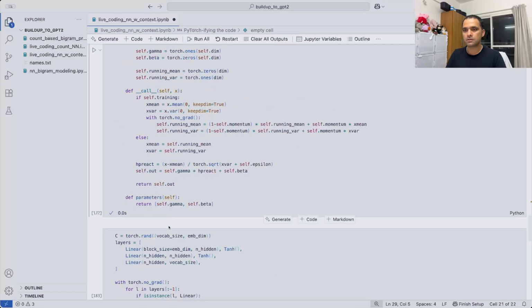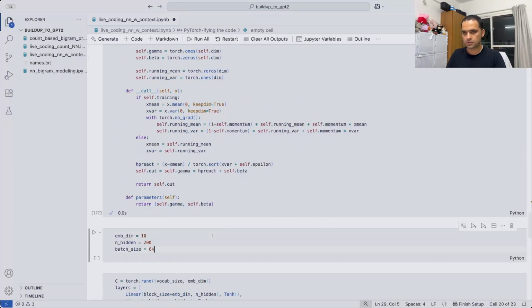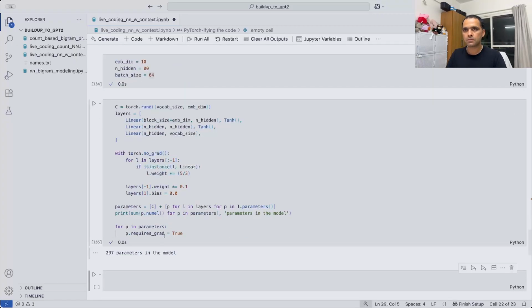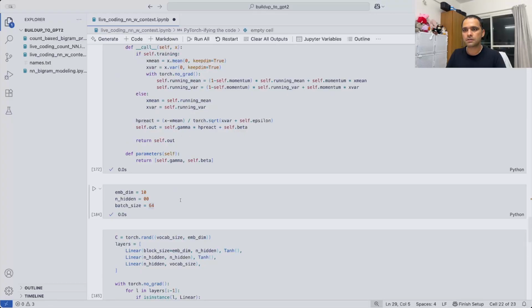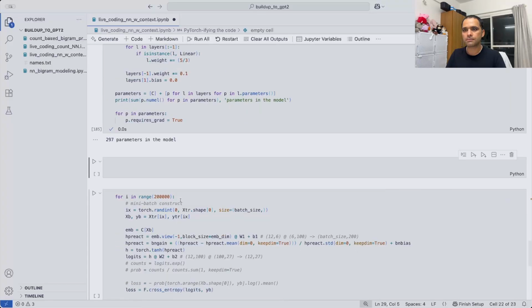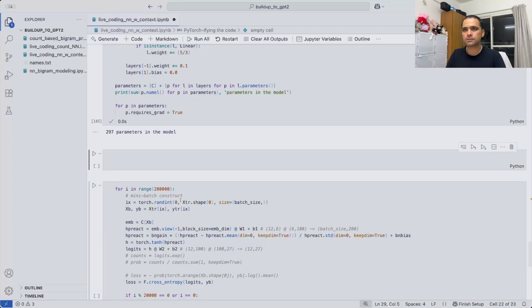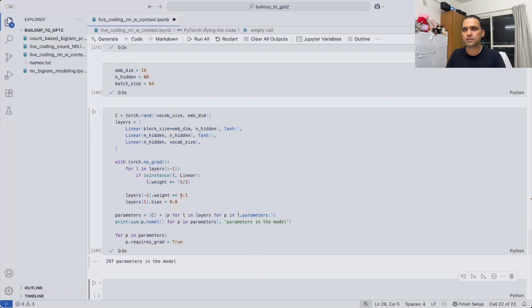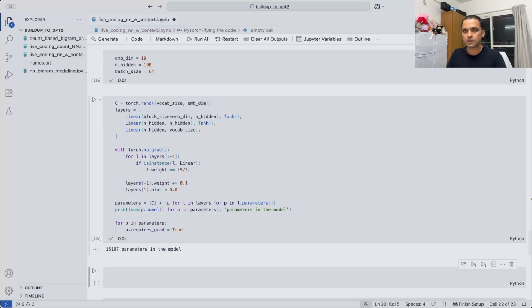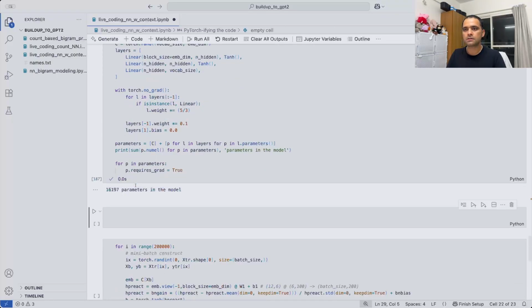Okay, I think I should put them here. 10 by 100 by 64. So the number of parameters is C to C. Oh, sorry, 100 here. So we have 16,000 parameters.